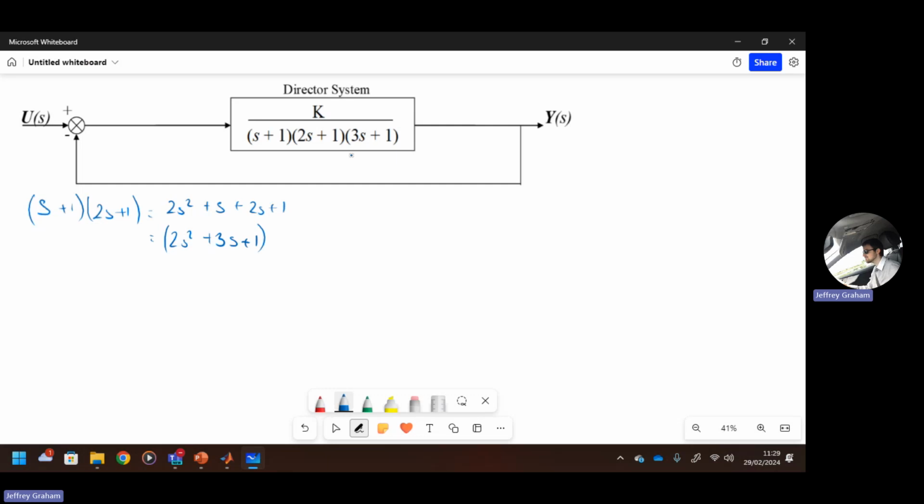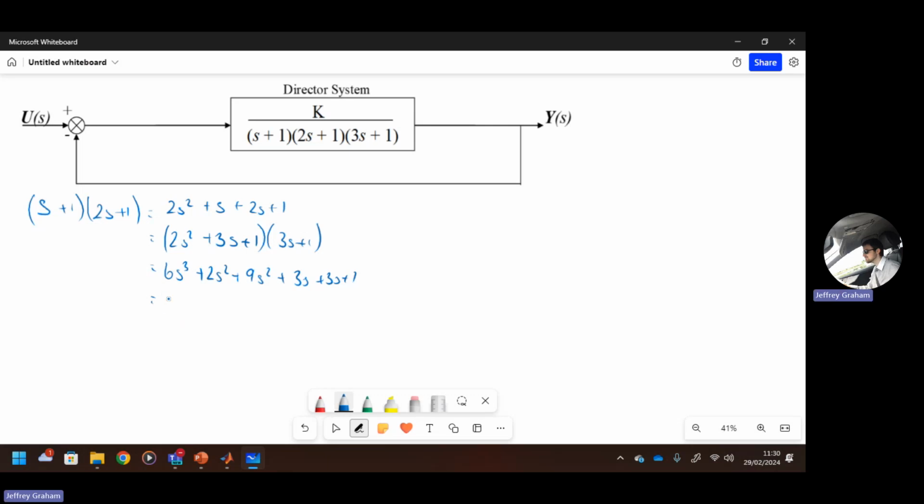Right, that is multiplied by the third bracket. 2s cubed, 9s squared, plus 3s, plus 3s, plus 1. So you have to do this just so you can get the denominator to plot in. There is a function on MATLAB that'll do this for you, but this is just to prove the purpose. And I do need this later on anyway.